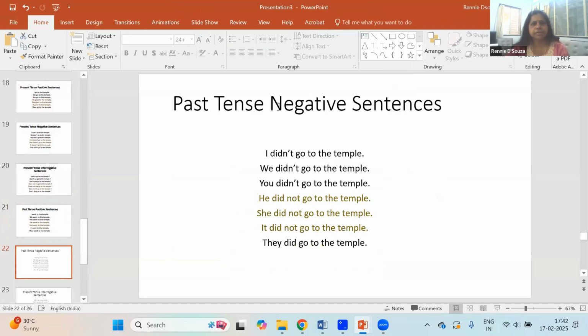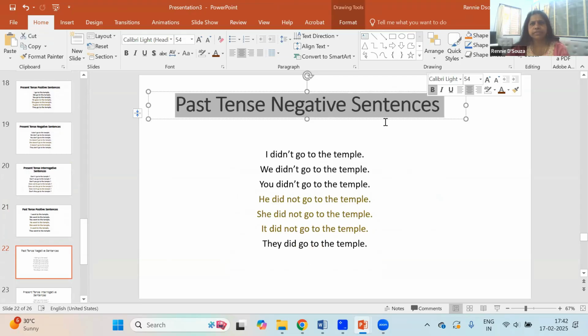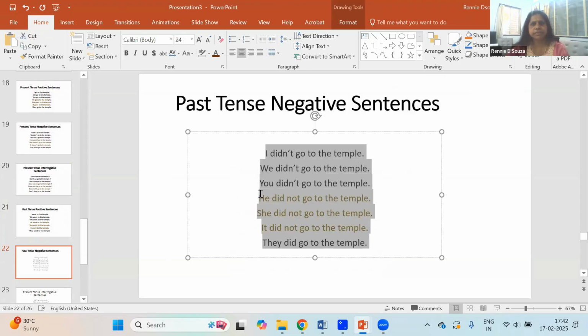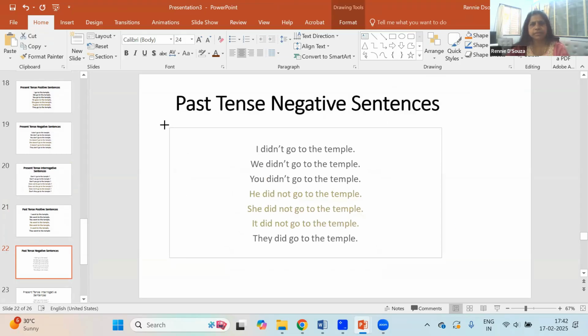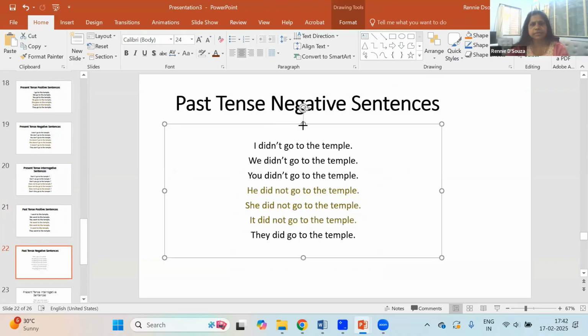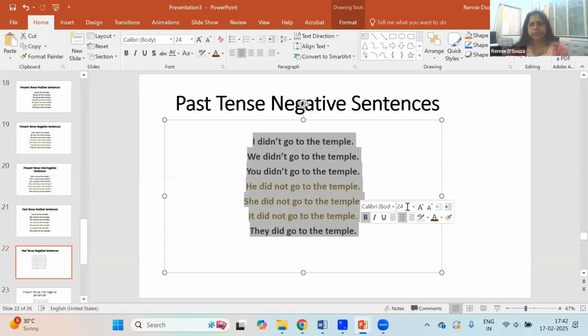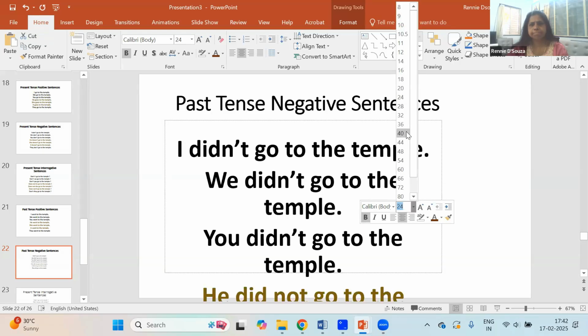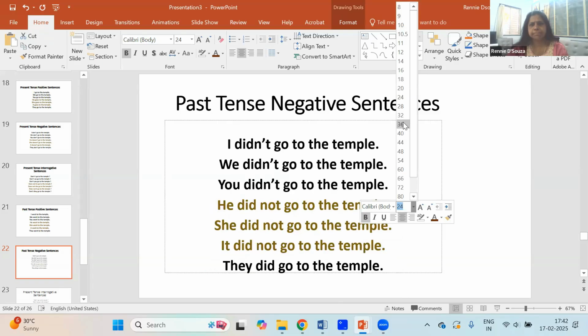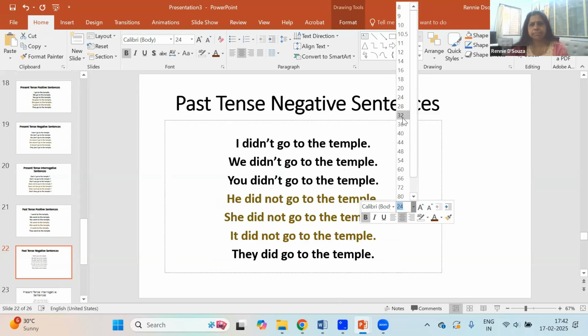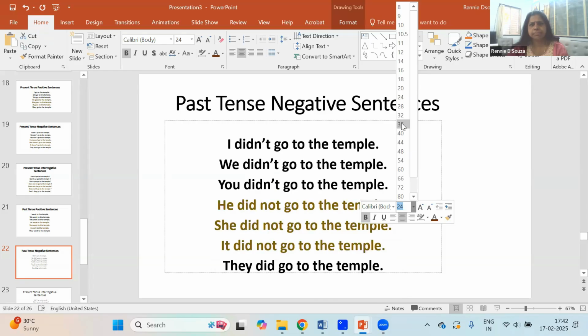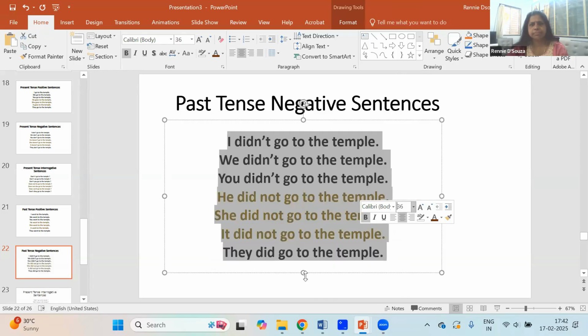So for each and everyone, the verb is the same, nothing is changing here. And again we have seen the past tense negative. The helping verb we have used here is did. Did is the past tense helping verb and not is for negative. So did not becomes the past tense negative sentence.